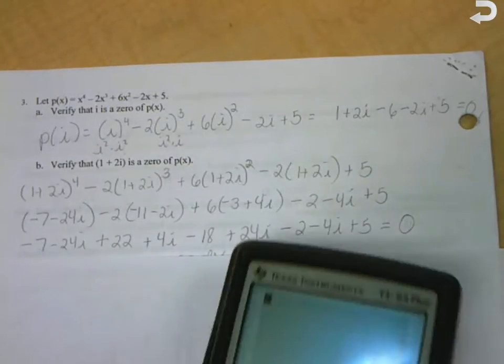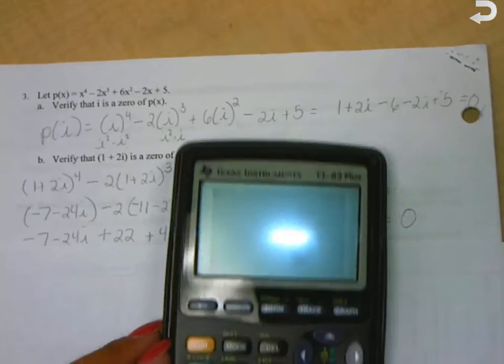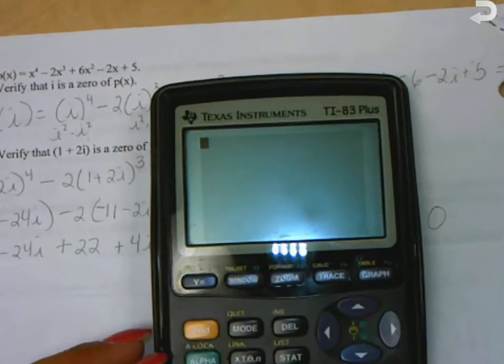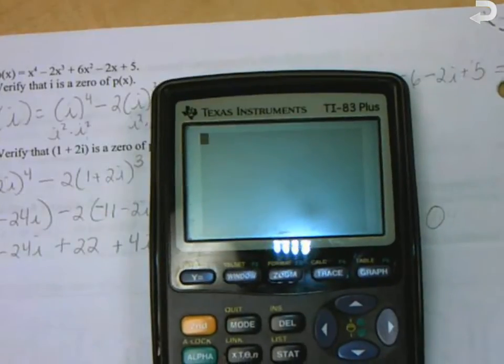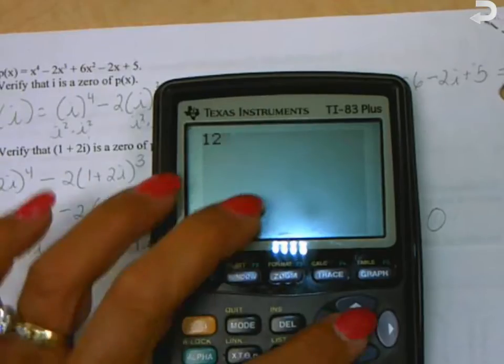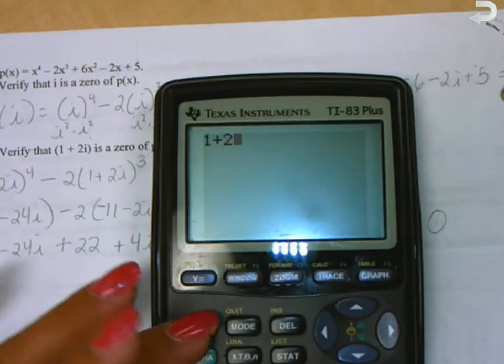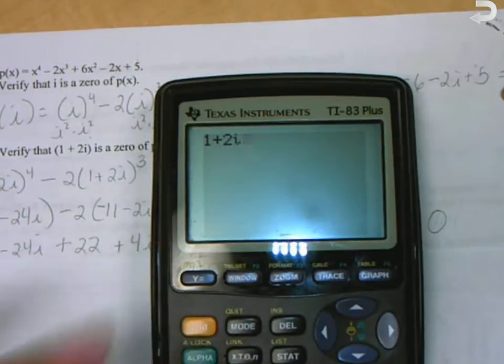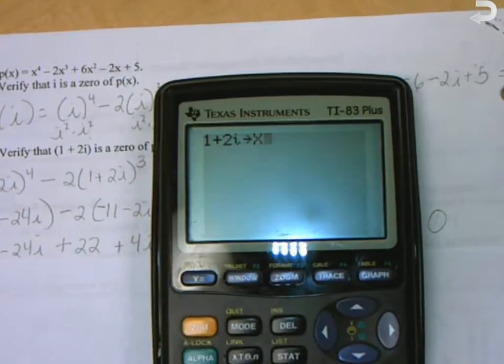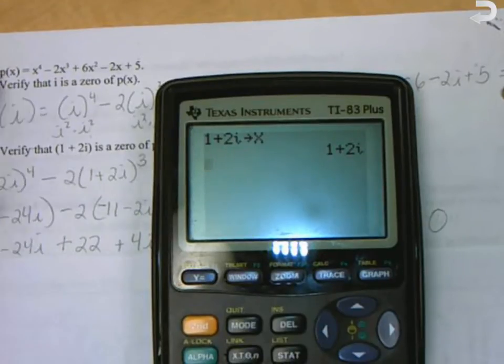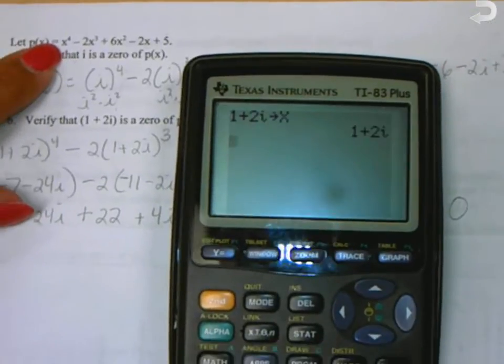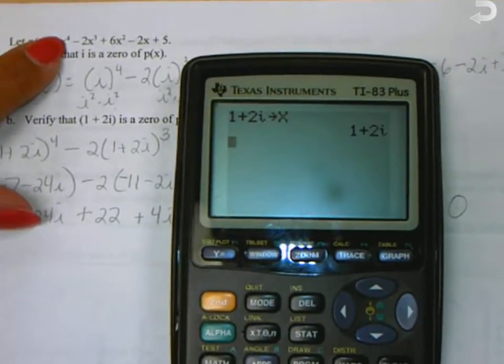There's a lot of algebra involved in working through this. We can use our calculator actually to show this substitution, and I'll quickly show you that. I'm going to take 1 plus 2i, and I'm going to store it as x.